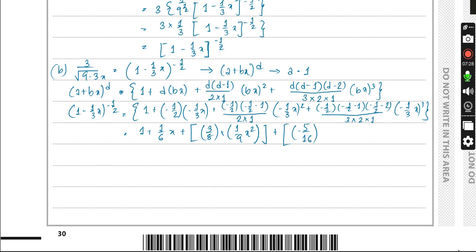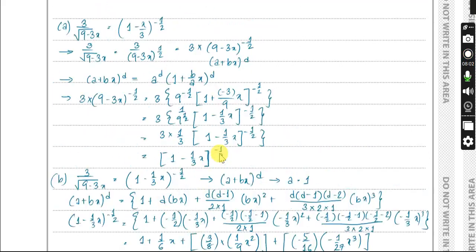This came from minus half multiplied by (minus half minus 1) multiplied by (minus half minus 2) divided by 3 multiplied by 2 multiplied by 1, and (minus 1 by 3x) whole cube would be minus 1 by 27x cube. So if we just write the final answer of part B, this will be 1 by 6x plus 1 by 24x squared plus 5 by 432x cubed. So this is the answer for part B.